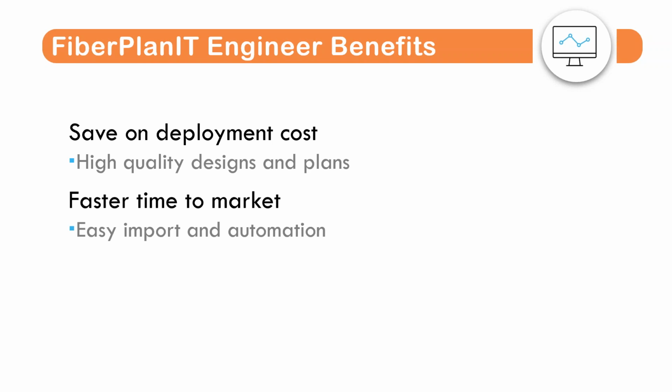What is saving you a lot of time in the design stage as well is the automatic way to create all of the plans, the import which is done automatically, and the naming that's being applied automatically, so that you don't need to start off with your design and try to generate your splicing reports manually in Excel, which takes a lot of time and is error prone.